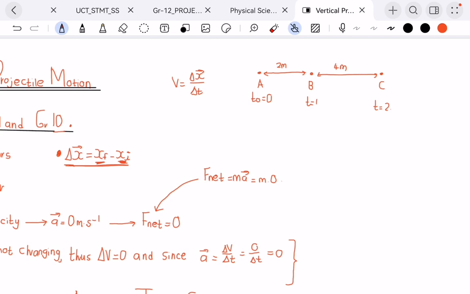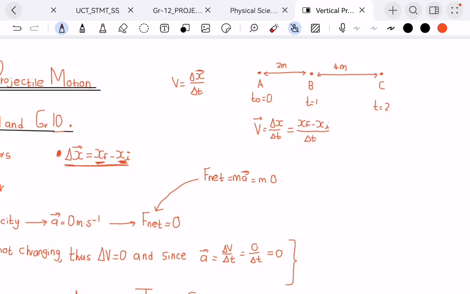Okay, what I basically mean about that, let's take A to B, right? Let's calculate the velocity from A to B. So we know that V, which is a vector, is equal to the change in x over the change in time, which is equal to x final minus x initial over the change in time, which is basically t final minus t initial, right?